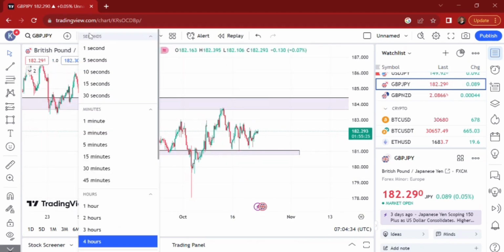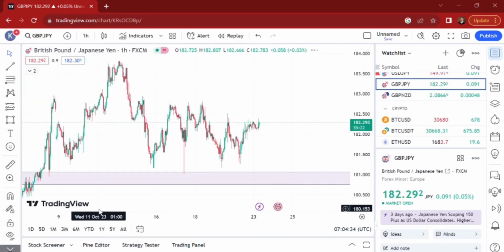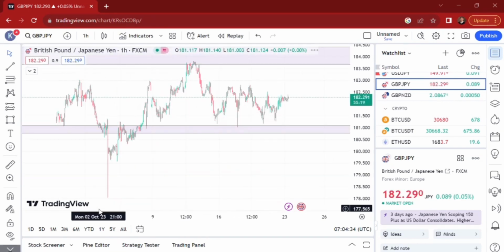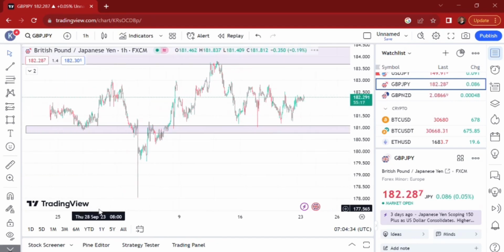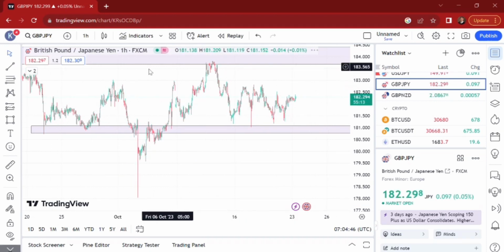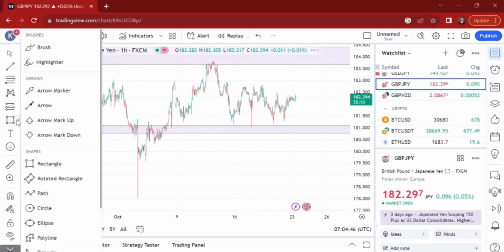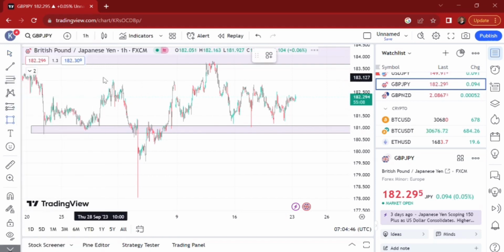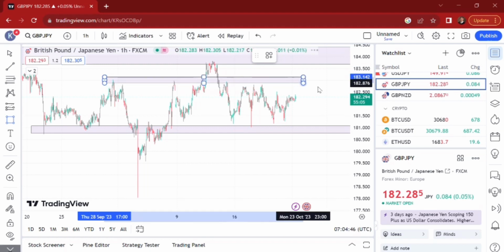Let me go to the 1 hour and see if there's still more on the 1 hour. Yes, there is. There's a zone on the 1 hour. We can still see it. Yeah, we can still see a zone up here on the 1 hour, and some zones from here.